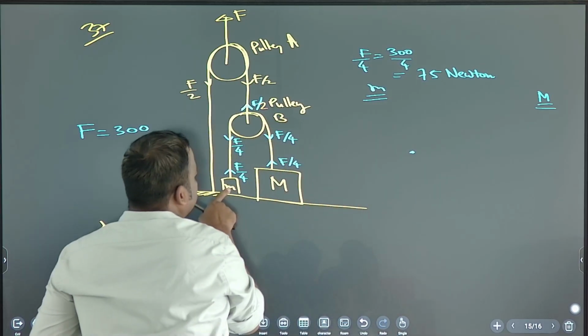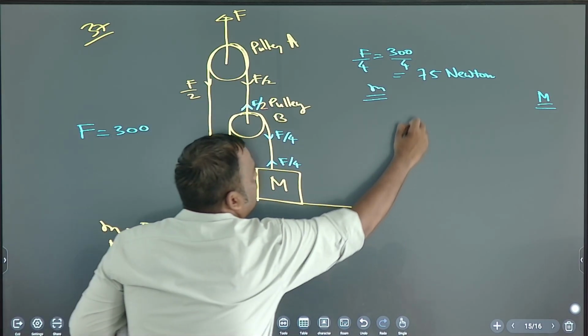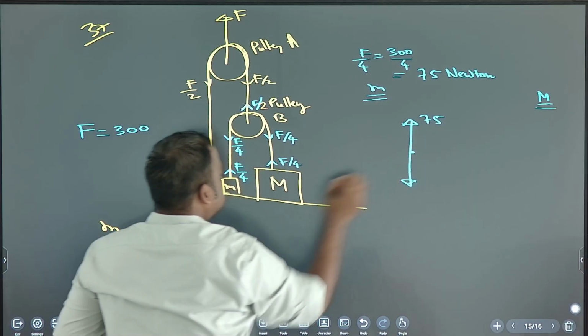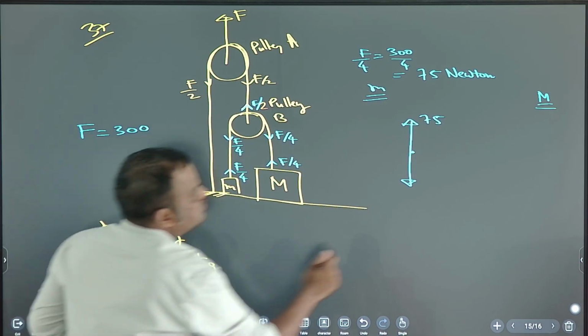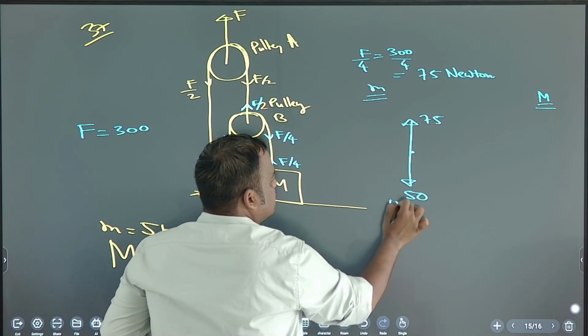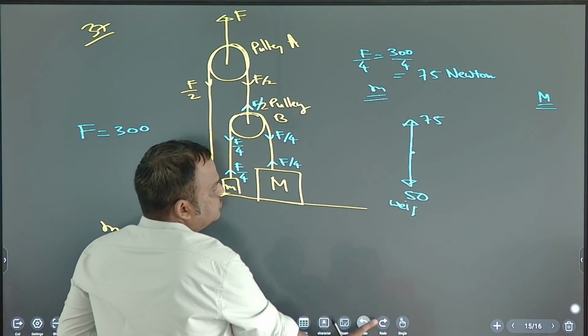Now look at small m. The upward force on small m is 75, and the downward force mg is 50. So will it go up or not? It will go up.